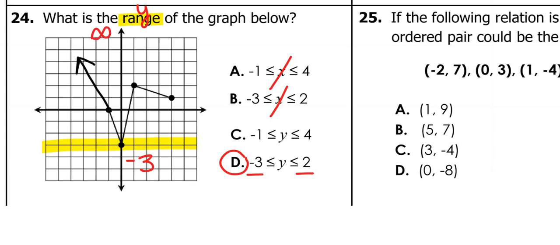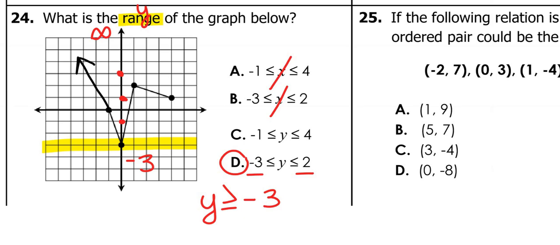So to write the range of something that continues going in one direction, I'm not going to have a compound inequality. I'm just going to say the y values are greater than or equal to -3, because all these points are greater than -3. So y is greater than or equal to -3.